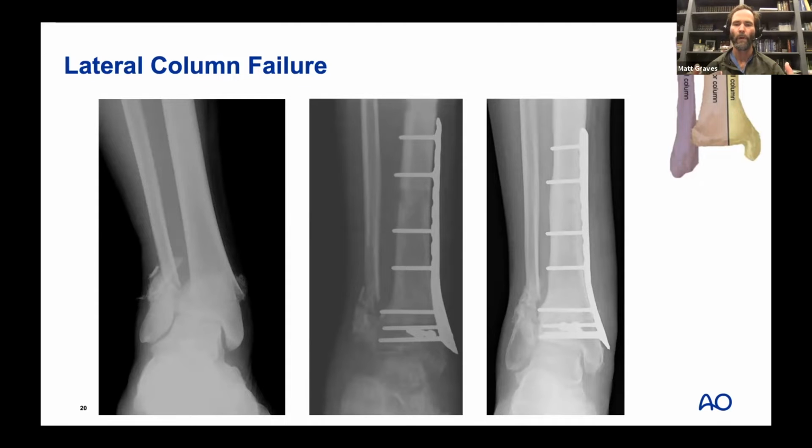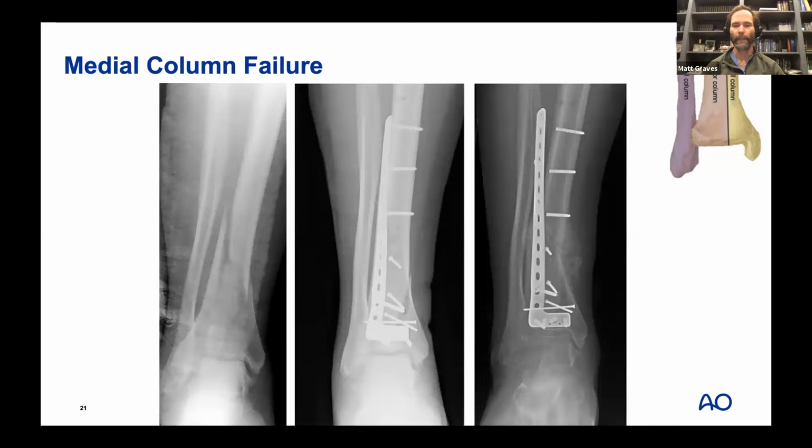Now, this is somewhat expected. There are reasons that something like this could happen. There may have been an open wound over the fibula that prevented a surgical exposure. But in this case, I think it makes sense that this is not the ideal way to mechanically stabilize this injury pattern.